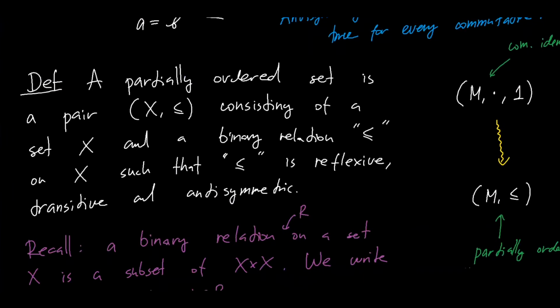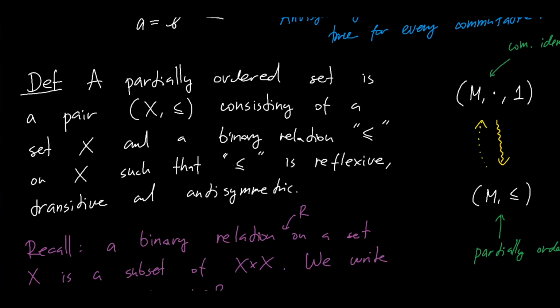We were saying here we can get a partially ordered set out of an idempotent commutative monoid. What about backwards? If I got this partially ordered set, can I recover back my commutative idempotent monoid?